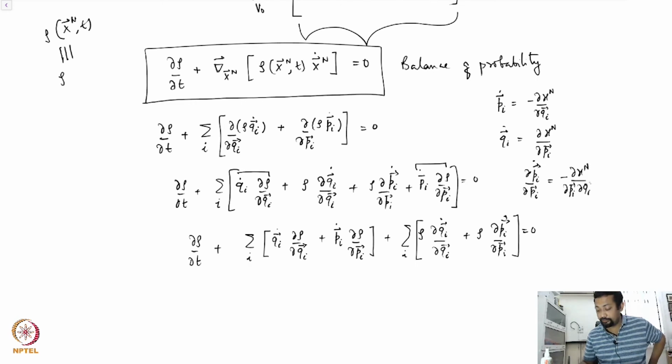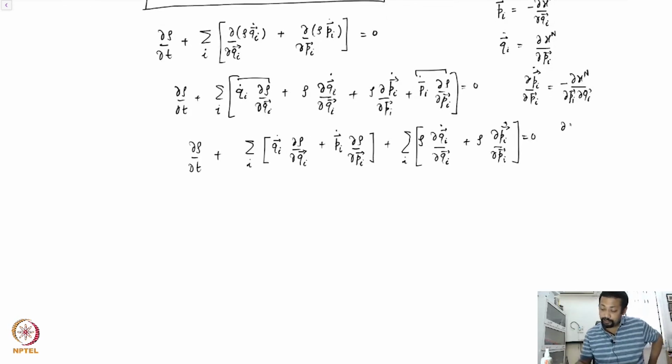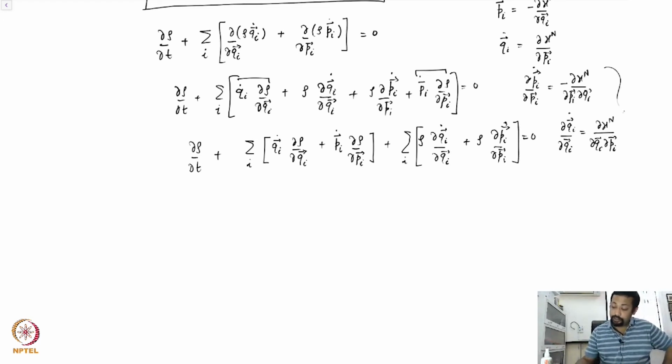It gives you a mixed derivative, and similarly del qi dot del qi is going to give you del of Hn del qi del pi. Since Hn is essentially analytic, the mixed derivatives are equal. Therefore these two terms, del pi dot del pi and del qi dot del qi, will have opposite sign, so that this term vanishes, and therefore you have an equation for del rho del t.